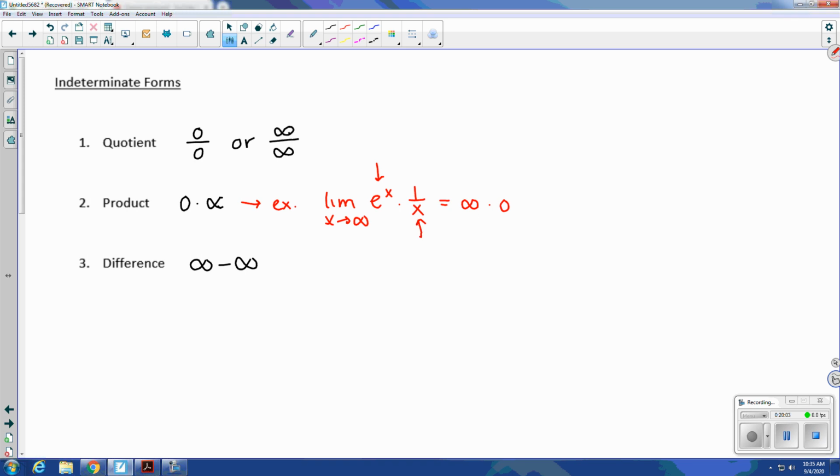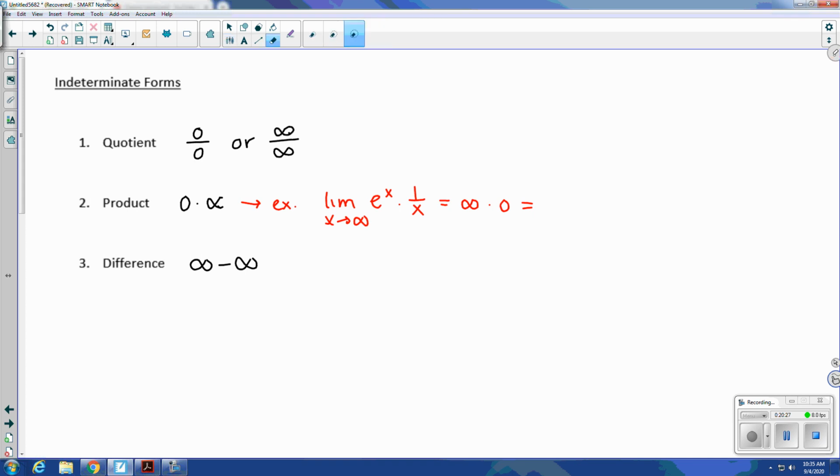So the overall value is actually going to go towards infinity faster than this goes towards 0. Again, it doesn't equal 0, it's going towards 0. So the overall value goes to infinity. Okay, so who wins this race as we go towards a certain value? So that would be a product scenario.